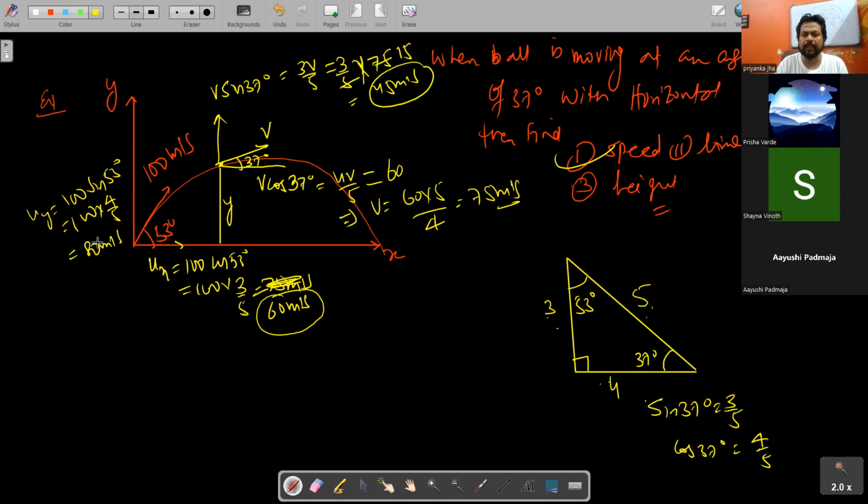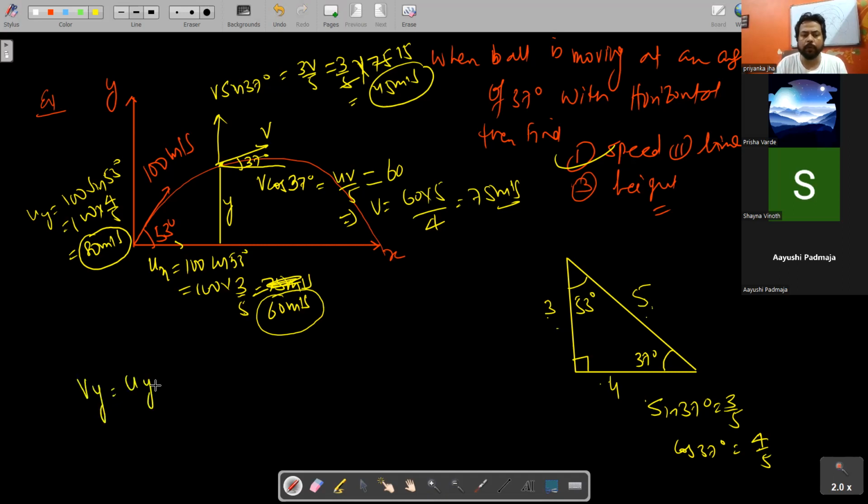Now we have to find height, so that is along y-axis only, and as per Galileo's statement, motion along two mutually perpendicular directions is totally independent of each other. So now we are thinking about the motion along y direction only, because we have to find displacement along y-axis only.